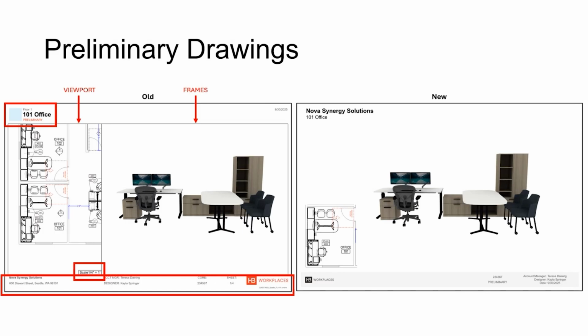We got rid of the address of the client, and then we got rid of the sheet number, which we often noticed was a big challenge to always have to edit when you had to do some post-processing edits to merge documents together. So we got rid of it. And then we also condensed the information to the right-hand side, moved the logo to the left-hand side, and did some reorganizing.